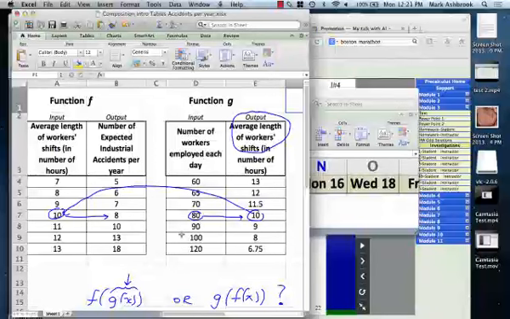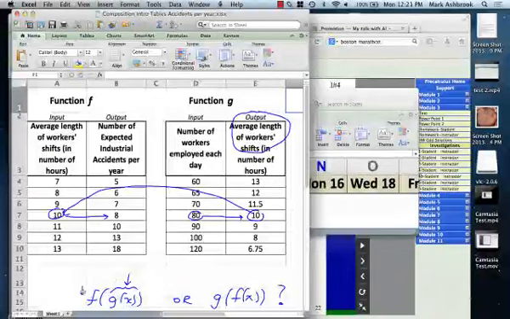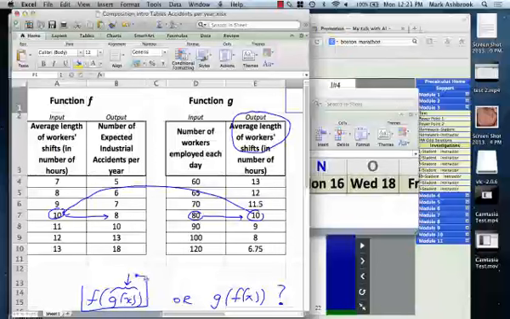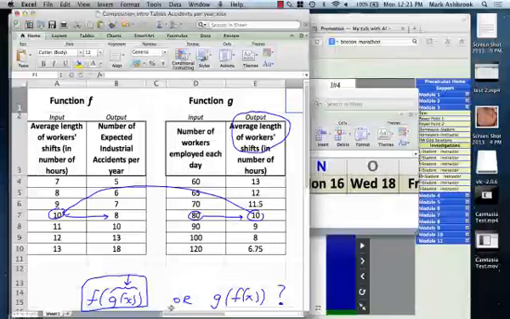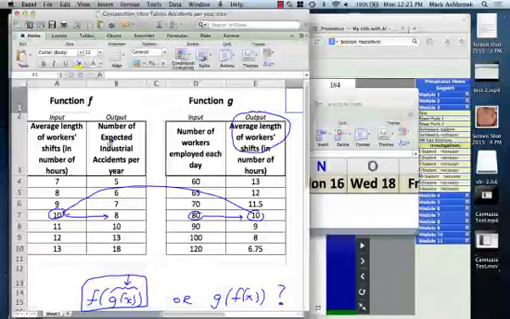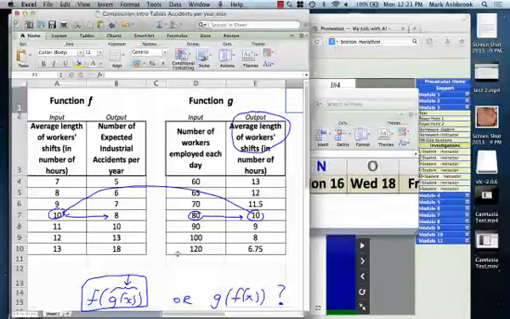So what we're saying is this represents a two-step process. If we made it into a one-step process, what would the initial input be? Would it be average length, number of expected accidents, or number of workers? Number of workers. And what would the output be? Number of accidents, right? We want to take out the middleman.